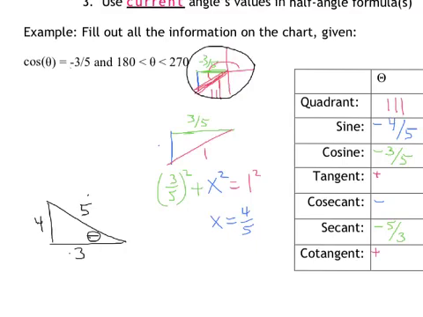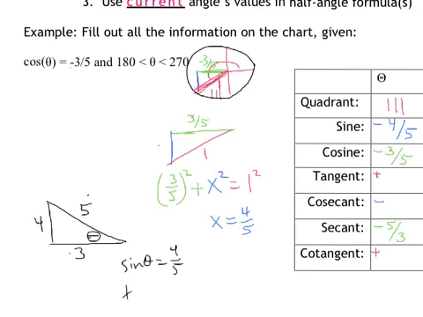And now that I know all sides of this triangle, I can find sine of theta, tangent of theta by using the SOHCAHTOA acronym again. Sine is opposite over hypotenuse, and so sine of theta would be 4/5. You do need to realize that it could be a positive 4/5 or a negative 4/5, depending on what quadrant theta is in.